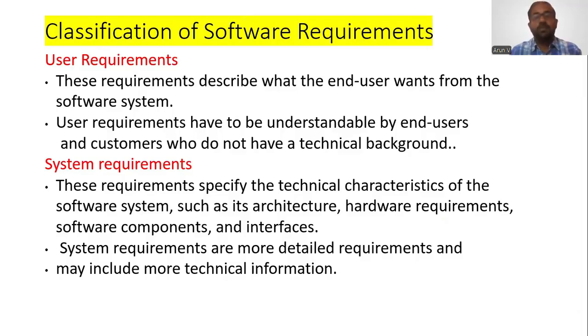System requirements specify the technical characteristics of the system like architecture, hardware requirements, software components, and interfaces. Interfaces are like how the system can be interfaced with another system and database, web services. System requirements are more detailed and include more technical information also.